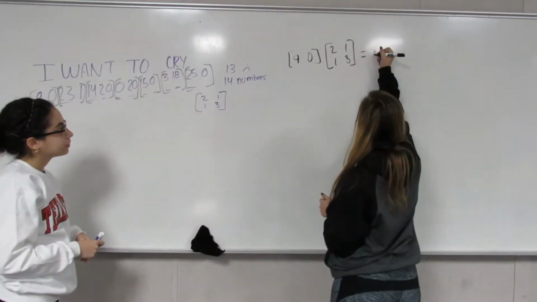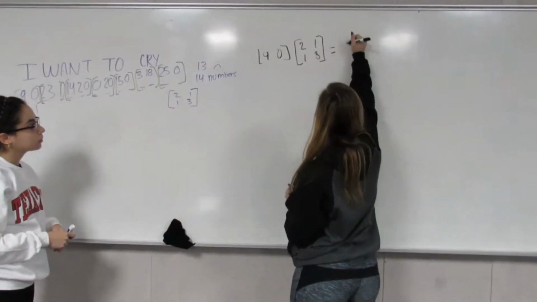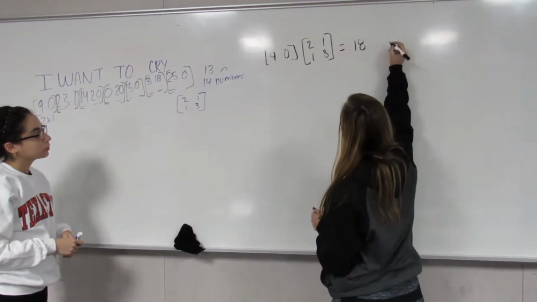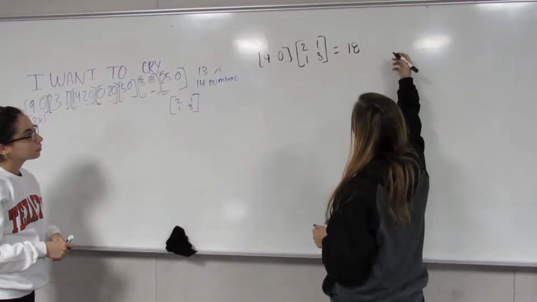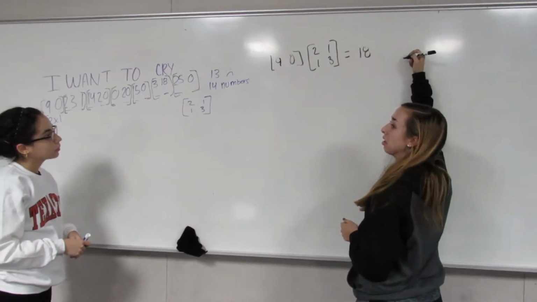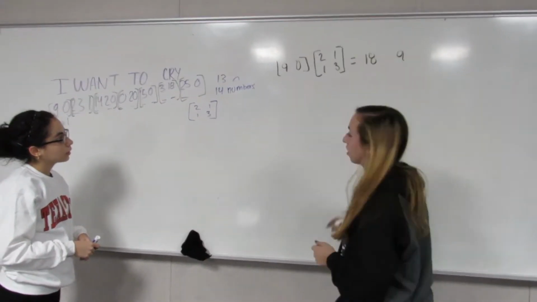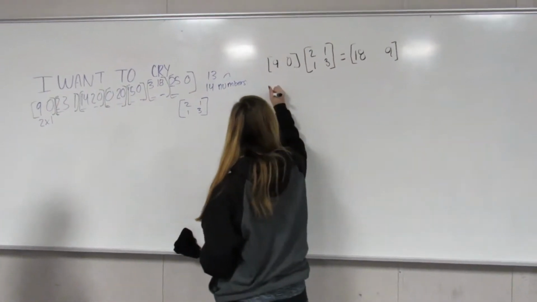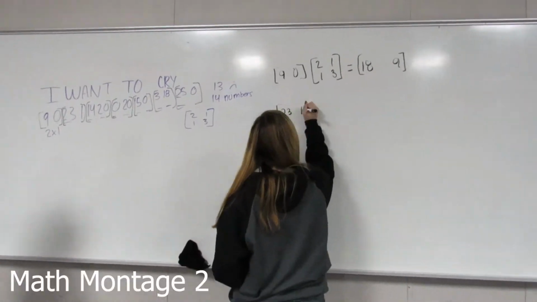So in this case, you get 18, 9. Okay. So then this is its own matrix. And then you'll just keep going down the list.